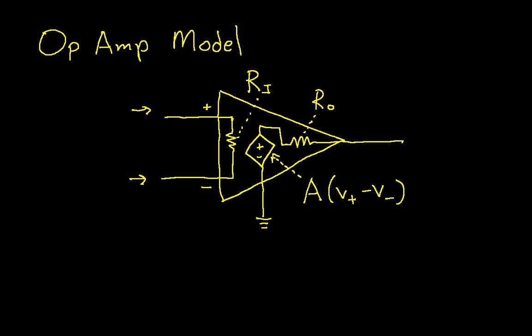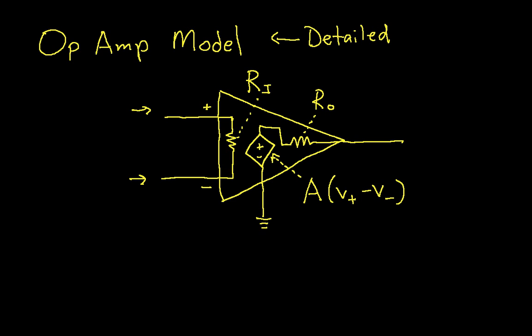Okay, so that brings up the question then, how do we do the analysis? It turns out that this model that we have here is sometimes called the detailed model, which is a misnomer because this is actually a very simple model if you look at what actually is involved in putting together an op-amp.